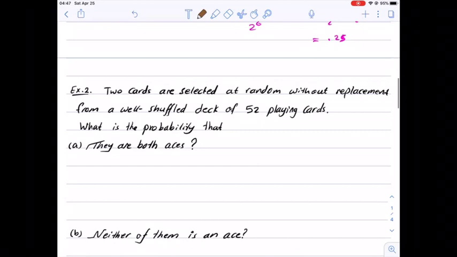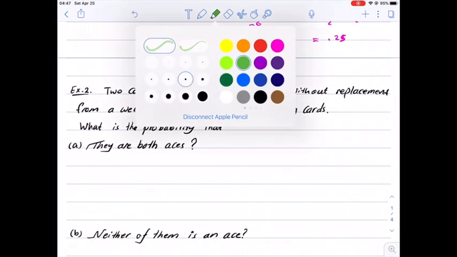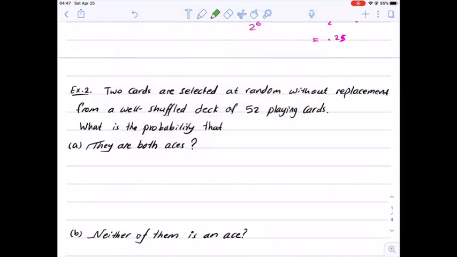Now the second problem is that we have two cards. We want to select two cards randomly without replacement from a well shuffled deck of 52 playing cards. The question is, what is the probability that they are both aces?